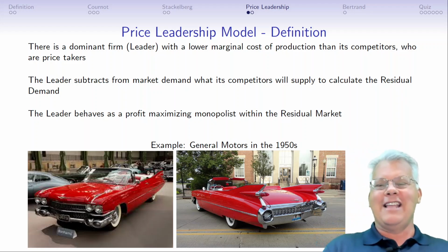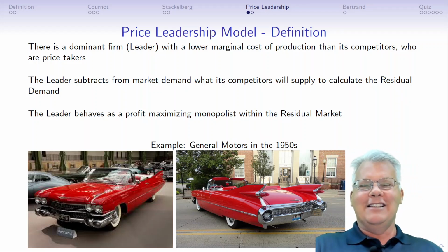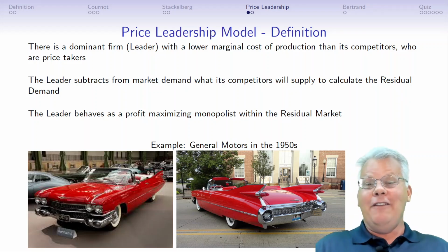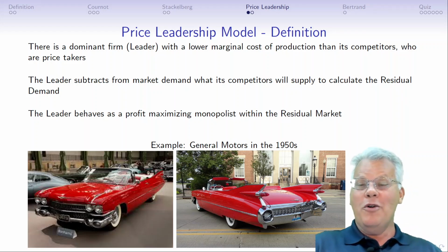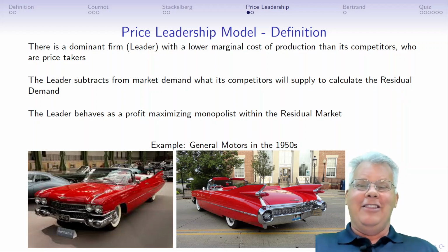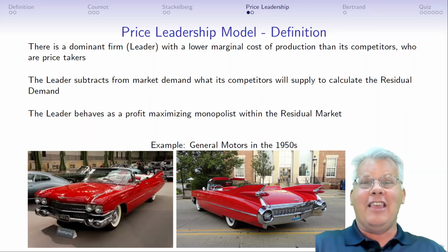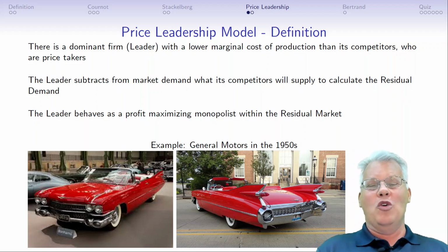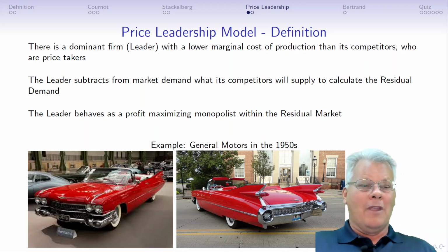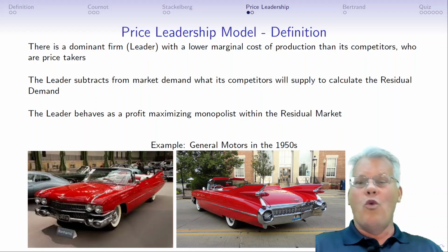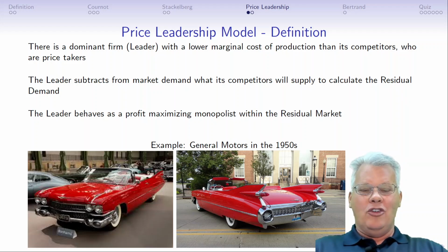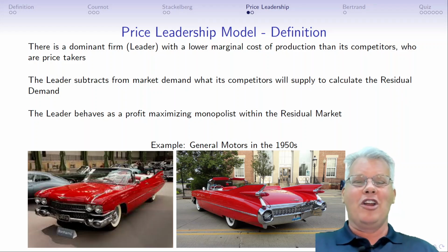So the car, I guess I have to talk about this a little bit. The 1959 Cadillac Eldorado. This was basically the king of the tail fins. Starting with the 1949 Cadillac, it introduced the tail fins to the American public.